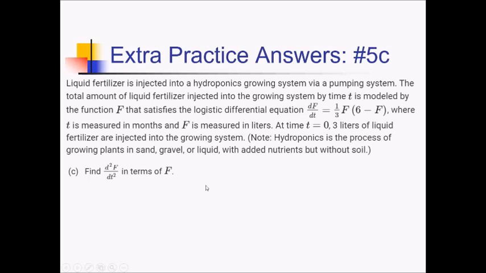For this part of the problem, they want the second derivative of f in terms of f, so this ought to be interesting. We're going to start with the differential equation here, because this is at least the first derivative of f. So before I actually try to take the second derivative, just to avoid having to use the product rule, I'm going to distribute this 1/3 f.